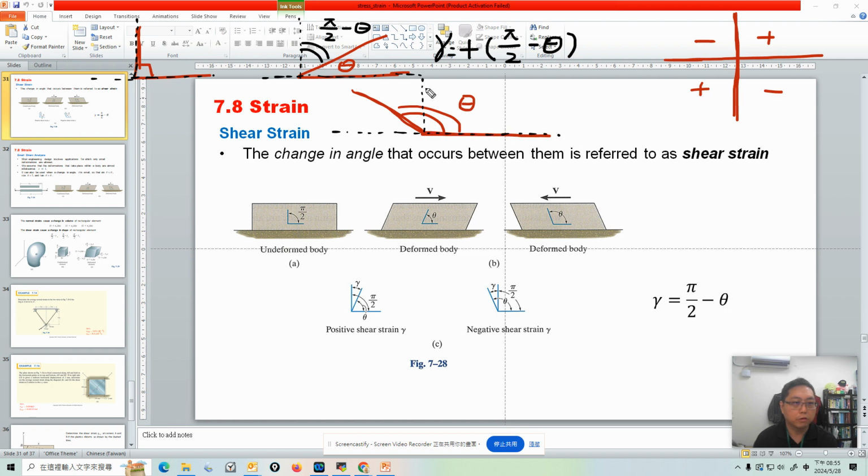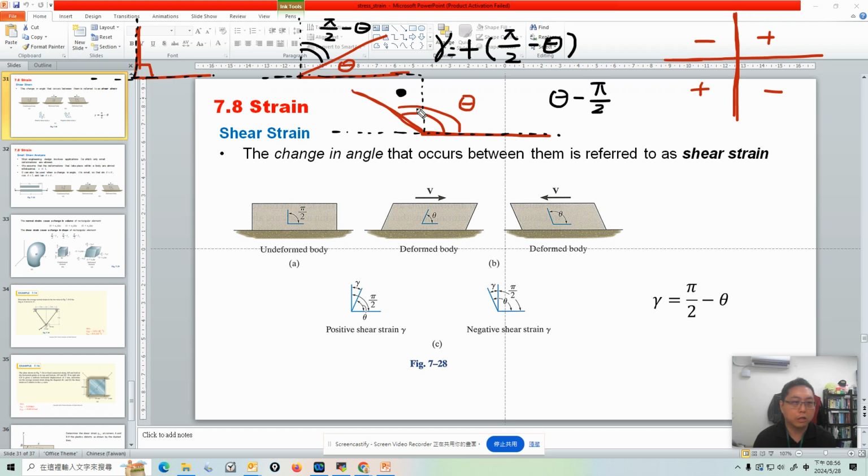The shear strain is the angle change, so the angle change is here. What's the angle change here? The angle change is theta minus 90 degrees, that is, theta minus pi over 2.